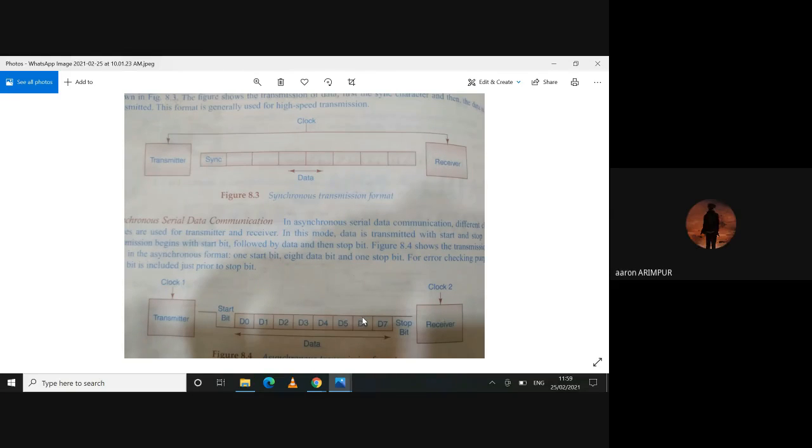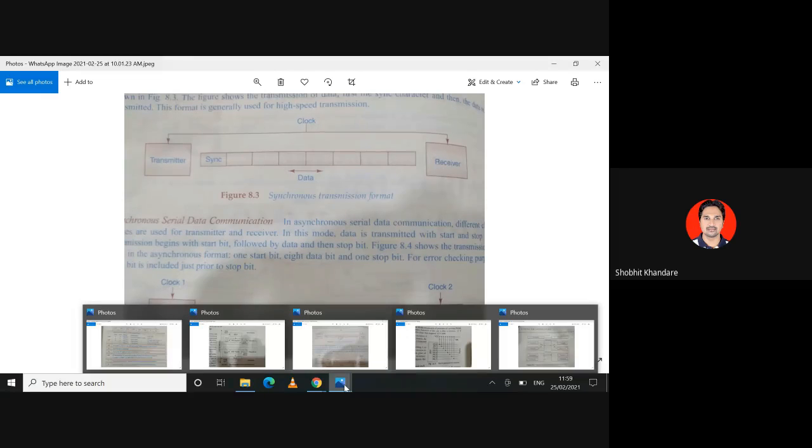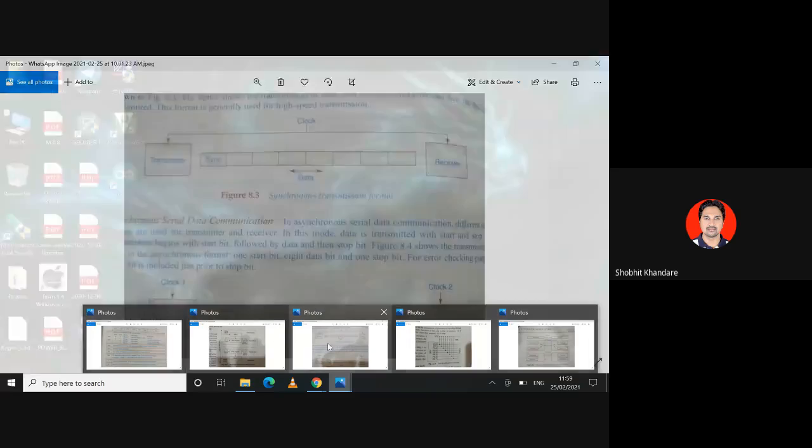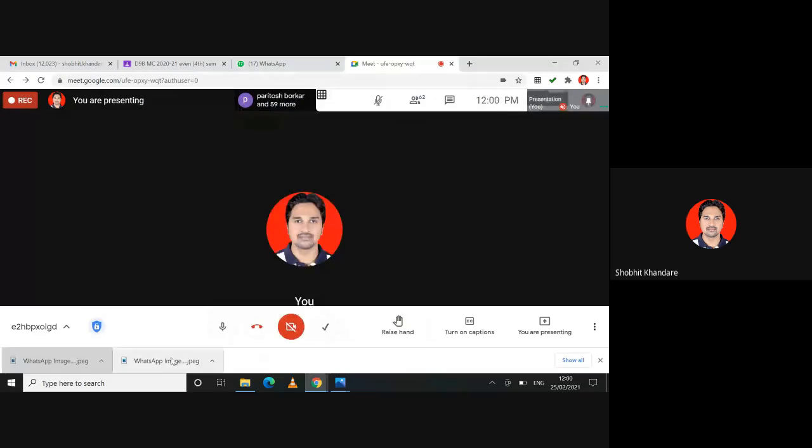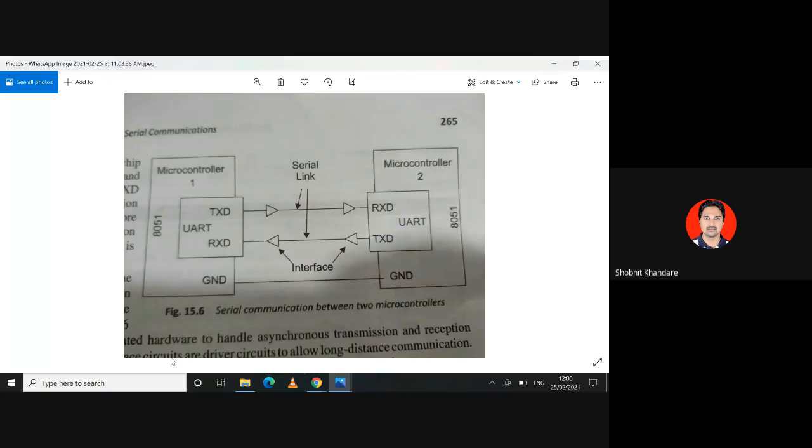ओके सर. हाँ, तो उसके लिए मैं आपको और एक फिगर बताता हूँ. Yes, see this is a figure. Pay attention now.